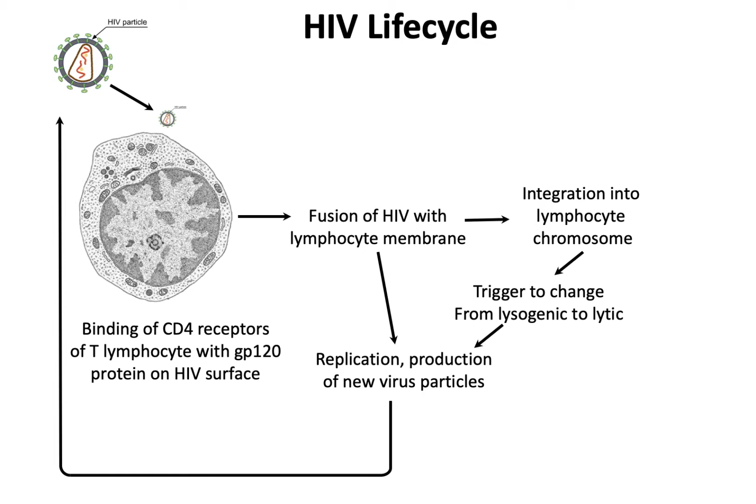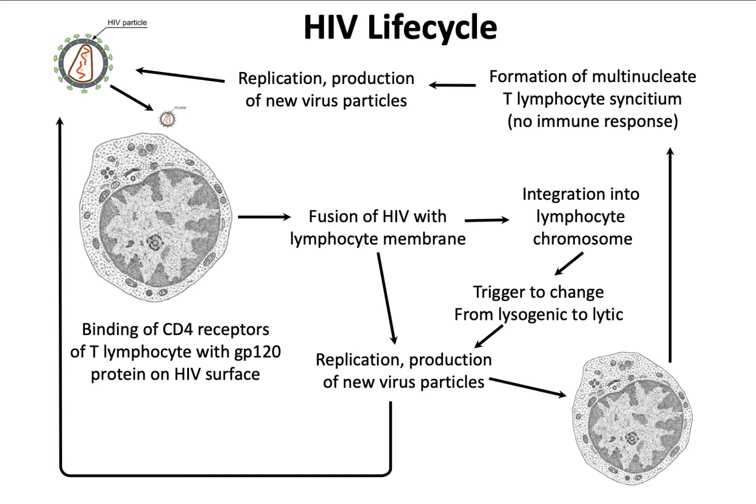continuously. Later on, the virus will start changing the genome and control of the genome of the lymphocyte and make it into a multinucleate syncytium. So it will have absolutely no immune response, which is usually what eventually causes the death of the patient, not the HIV itself, but the lack of an immune system.